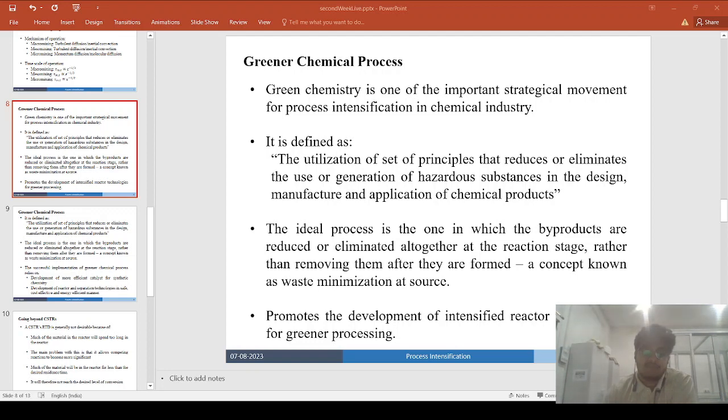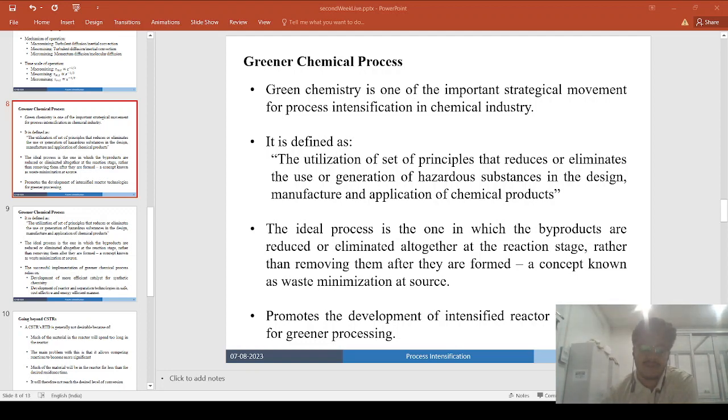So an ideal process is the one in which the byproducts are reduced or eliminated altogether at the reaction stage, rather than focusing on removing them after they are formed, a concept known as waste minimization at the source. So do not focus on removing the waste product after it has formed.